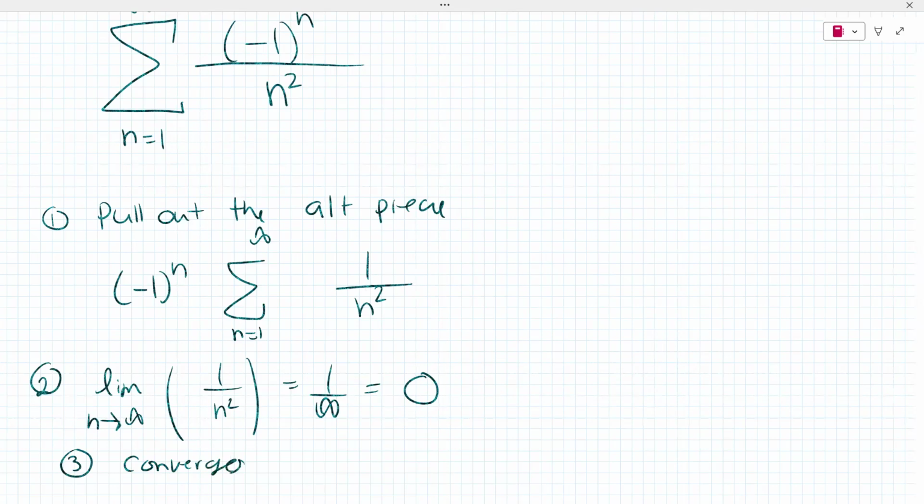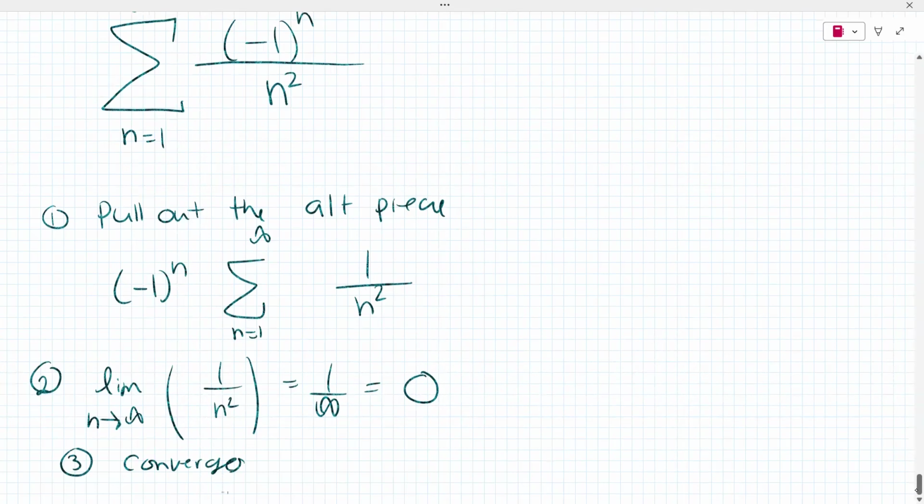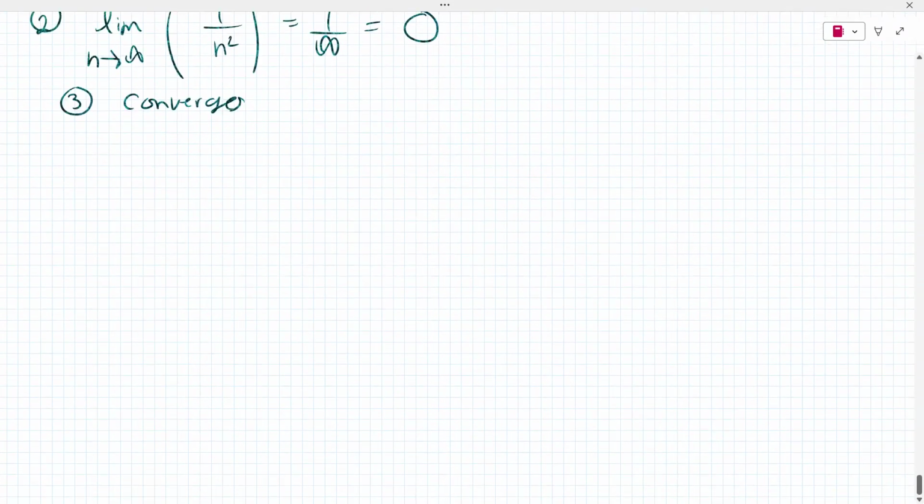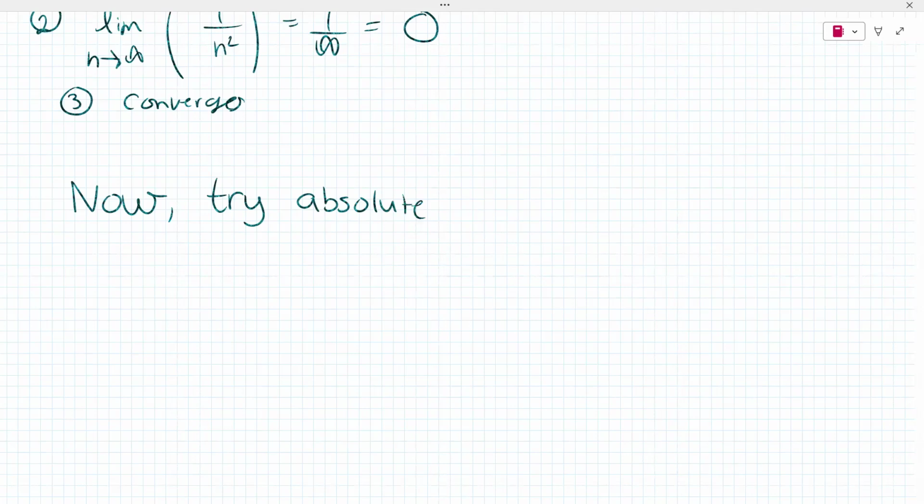Okay, so that is the alternating part. Now what you have to do is try the absolute value way. How do we do that?